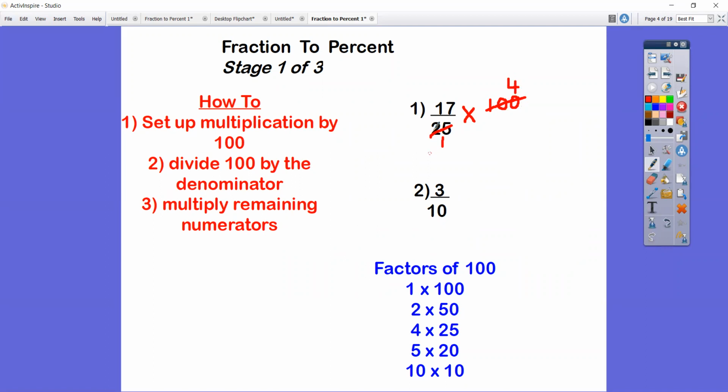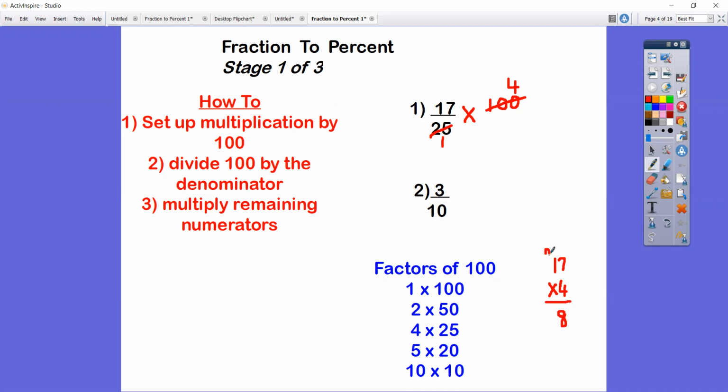And our last step, let's multiply the remaining numerators. 17 times 4. Now you might need to go on the side and work it out a little bit. 4 times 7 is 28.